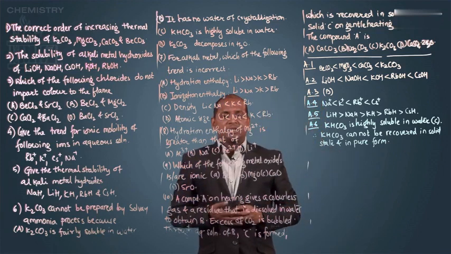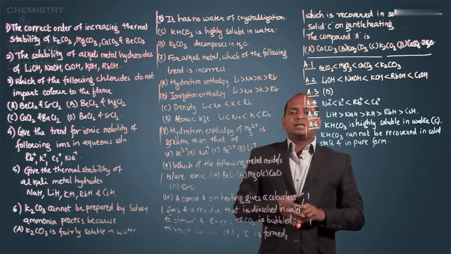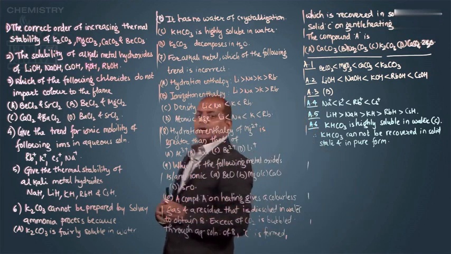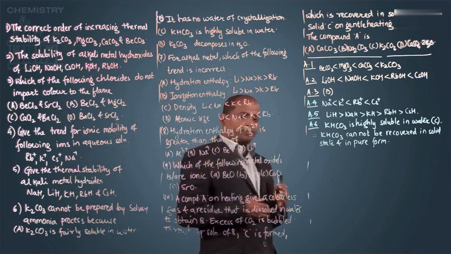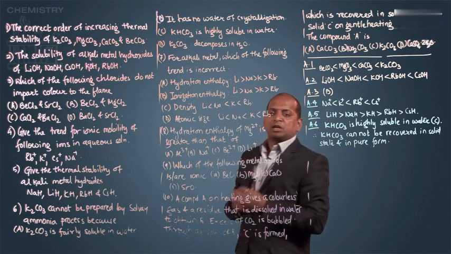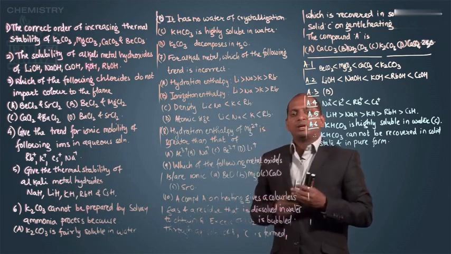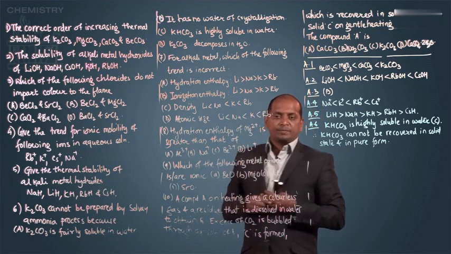In case of density, actually density depends upon atomic mass and atomic volume. Now at one point of time, atomic mass always overcomes the atomic volume, and therefore density goes on increasing.